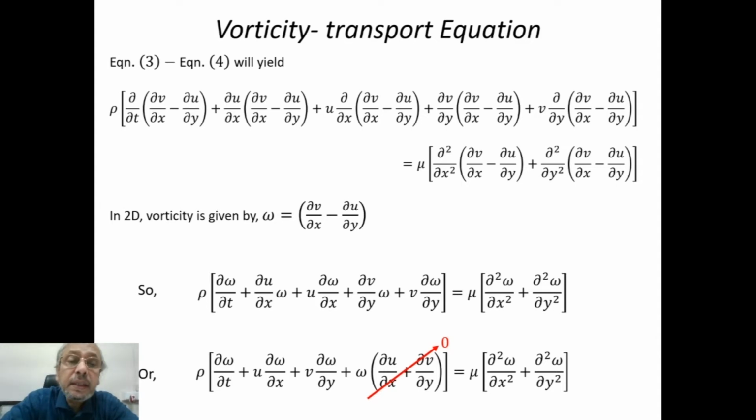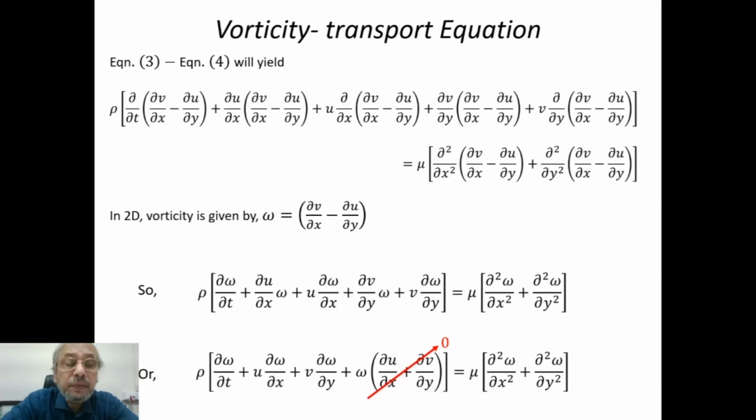as a dependent variable. And all of us know that in 2-dimensional analysis on the plane where u and v velocity are describable, omega is the vorticity and vorticity is given by del v del x minus del u del y.